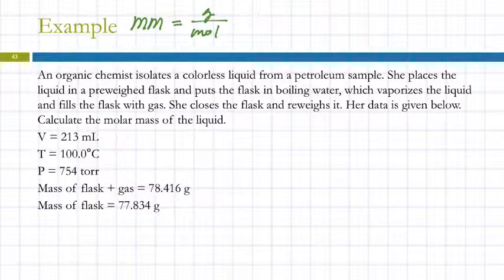So how do we figure out what the mass of the gas is? Is it 78.416? We need to do some subtracting. This is the flask and the gas. So this is not the mass of the gas. Here's the mass of just the flask.